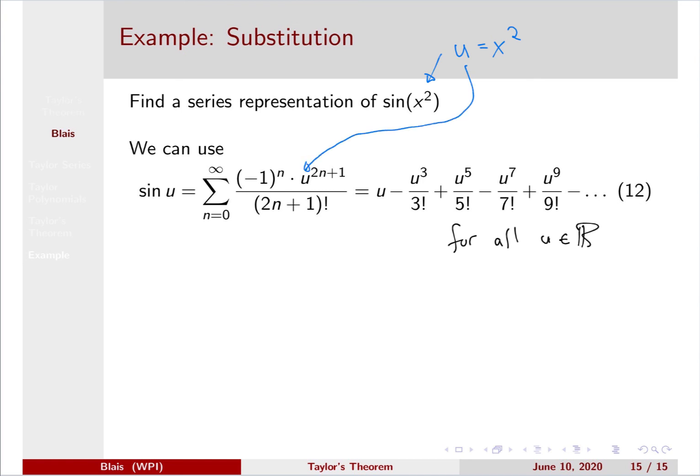If we do that, we have that sine of x squared is the sum, where n goes from 0 to infinity, of minus 1 to the n.